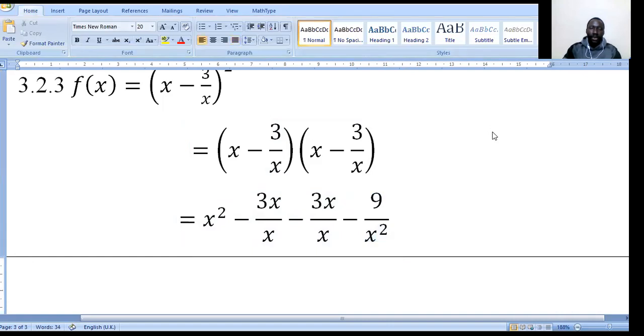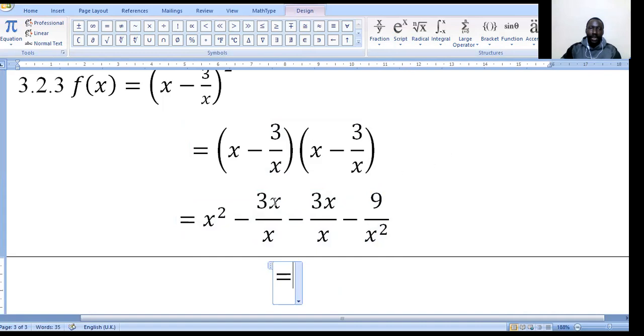Now, what's the next thing that we have to deal with? Well, the next thing that we want to deal with in this case is to simplify this. Now, notice this x and this x can cancel. And also this x and this x, they will cancel out. We are basically left with the minus 3, or negative 3, minus 3. What will that be? Well, let's first write this down.